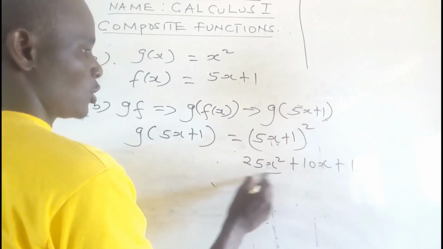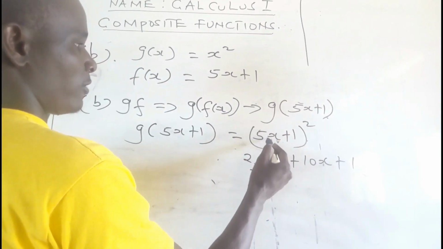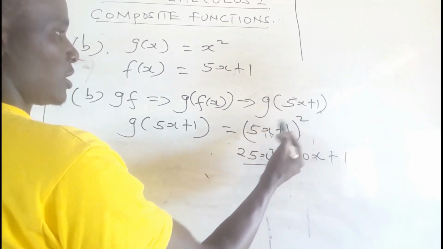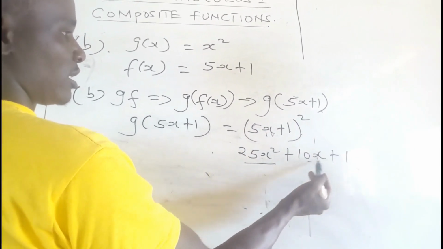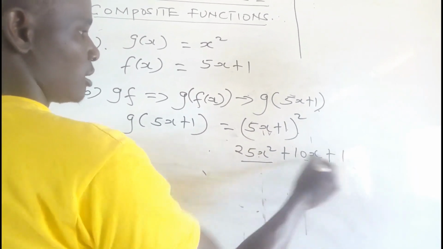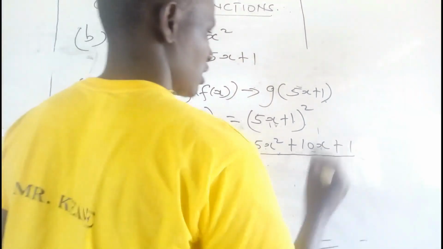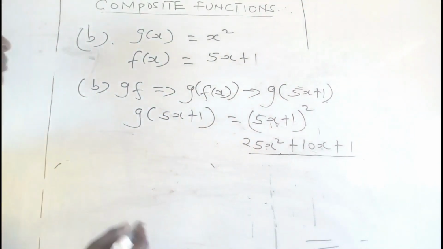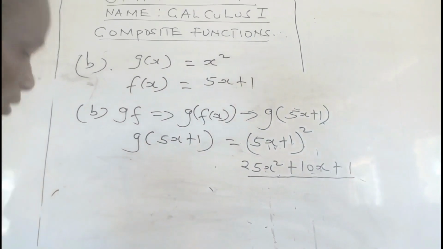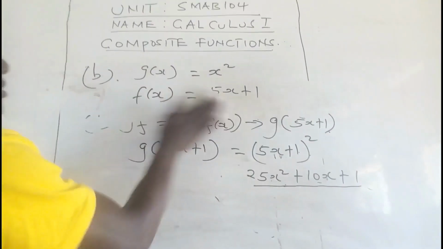So you simply square this, 5x times 5x, which is 25x squared. Then for this one, you take 2 times 5x times 1, which gives us 10x, and then you square the last one, which gives us 1. This is by using a quadratic identity. Okay, so that is under the composite function.